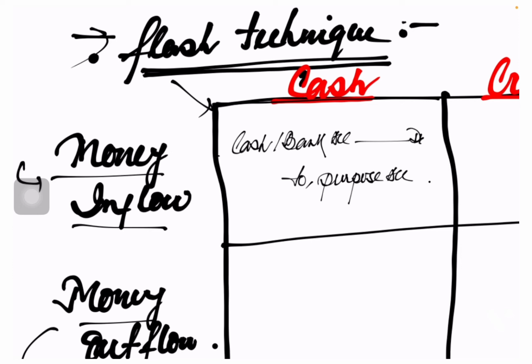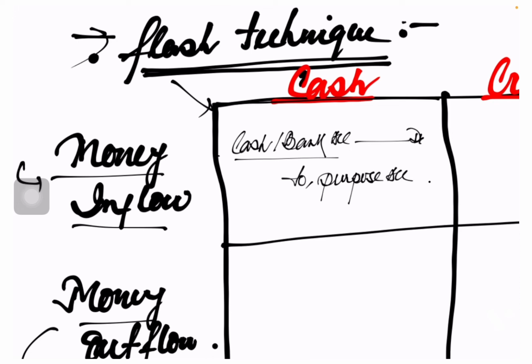Simple thing. If money inflow for the business, not to you personally. If money comes to the business, then cash or bank account debit. If it is cash, then cash. If it is check, then bank.